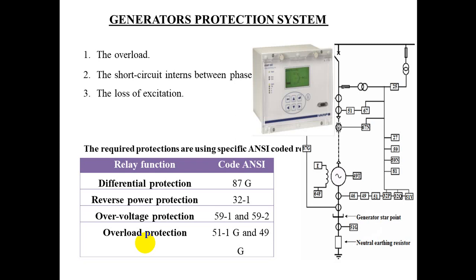The normal IDMT relays would not prove satisfactory because their current setting must be close to the full load and their time setting short if operation is to be obtained, resulting in a lack of discrimination with other overcurrent relays in the system.